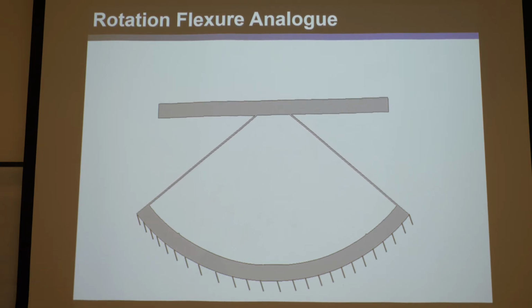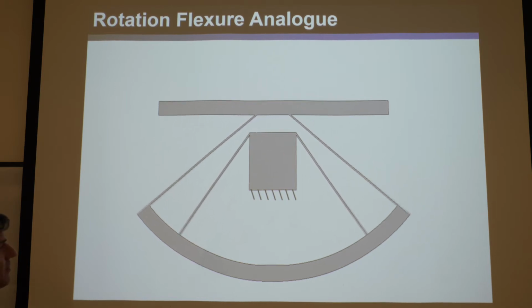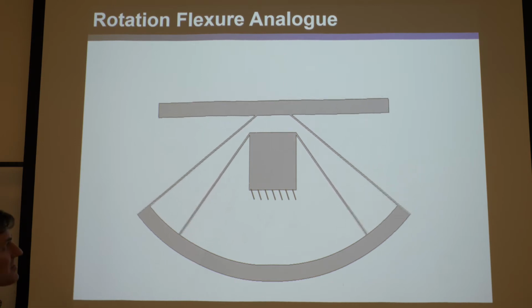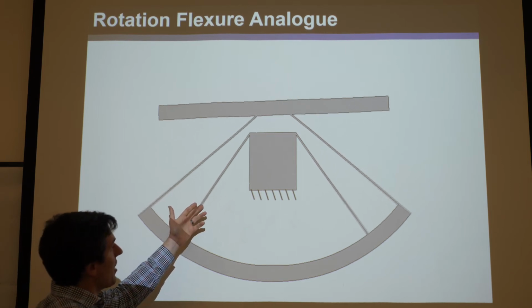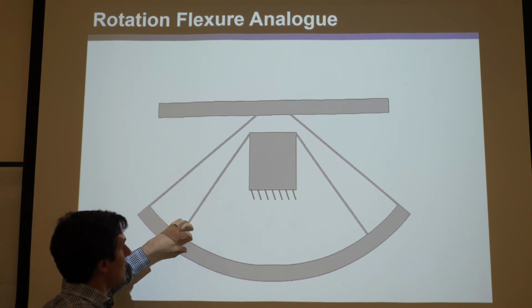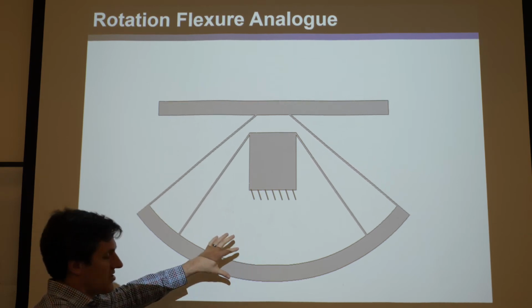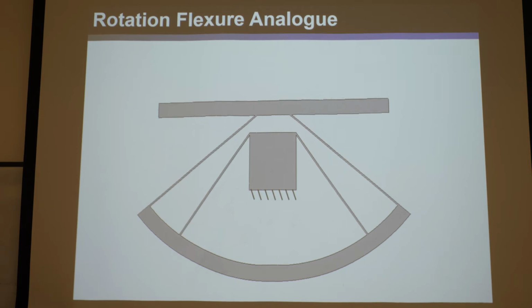Okay? So if we add a stage inside and nest it back and forth, first of all, it's still the same size, it's still symmetric about the center, and now we can double the range, right? This guy can now rotate as far as that, but also rotate twice as much. So we doubled the range.